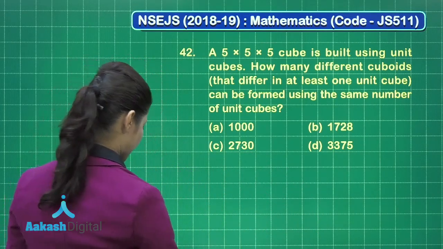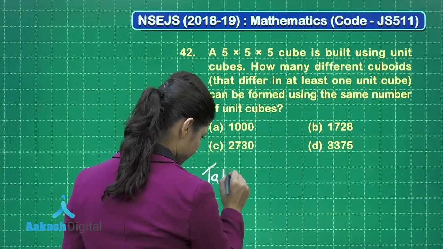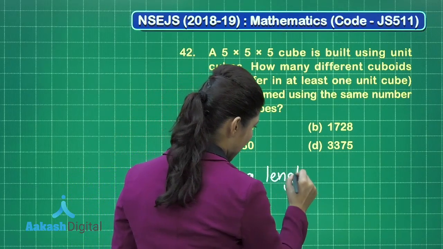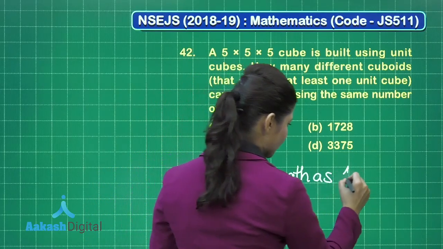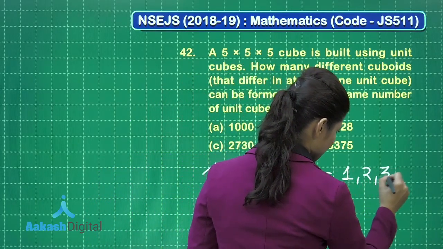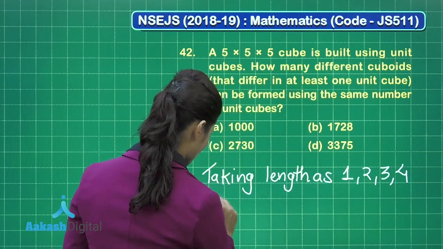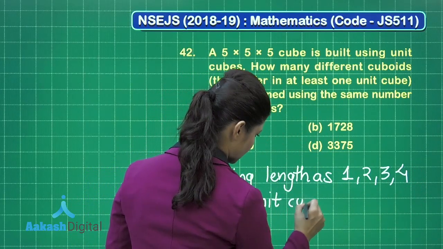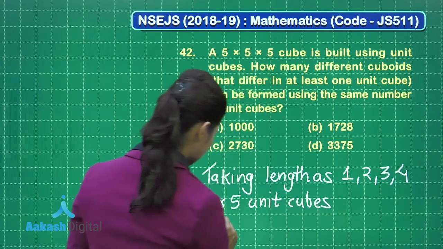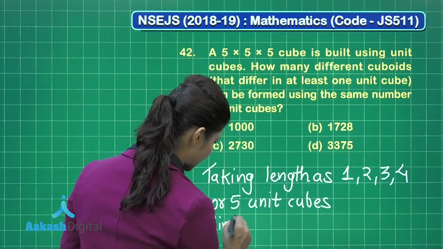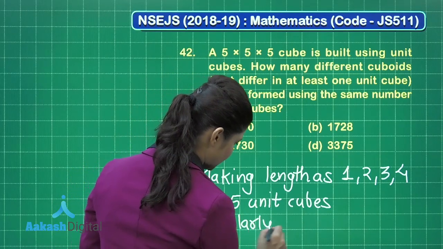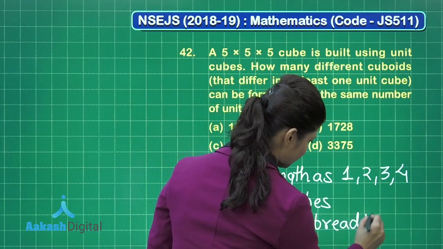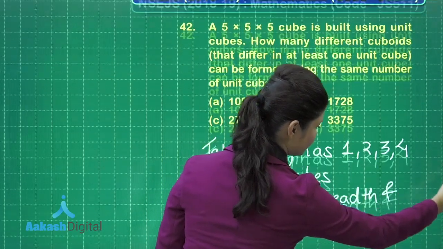So I can write here taking length as 1, 2, 3, 4 or 5 unit cubes. Similarly for breadth and height.